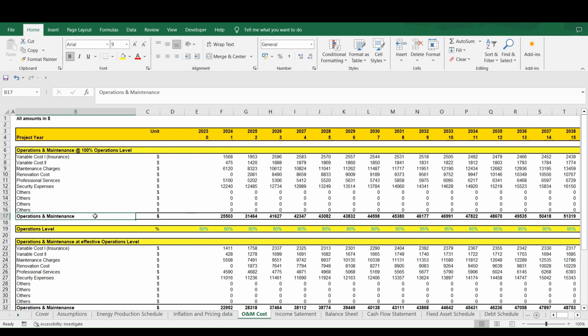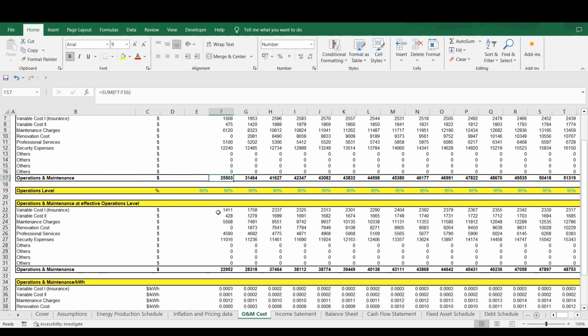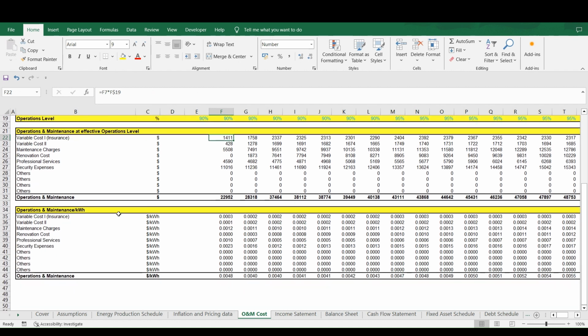So in the operation and maintenance, we get these will be a cost. Then we'll see at what capacity we are running our plant. These at operation levels are just the multiplication of 100% capacity to the capacity that we are setting for operation levels. Then we have operational maintenance metrics, that is dividing these values by just the kilowatt hour of production.